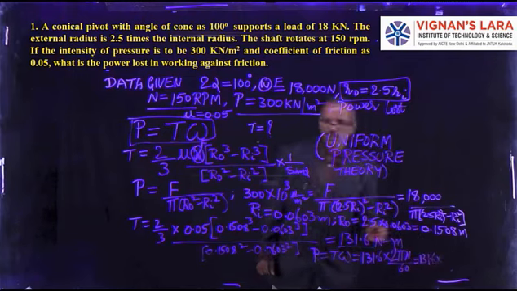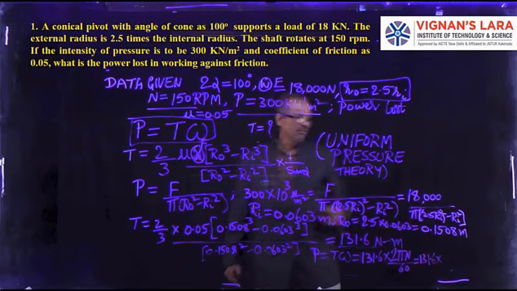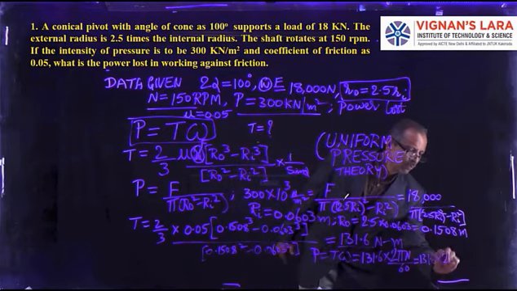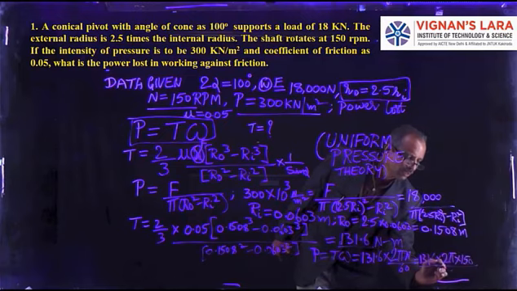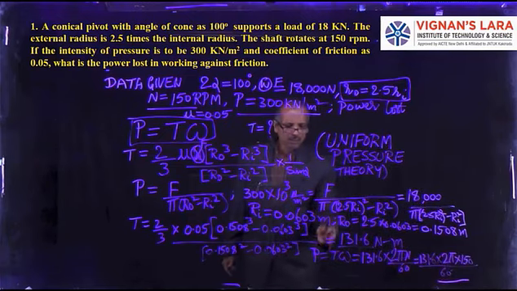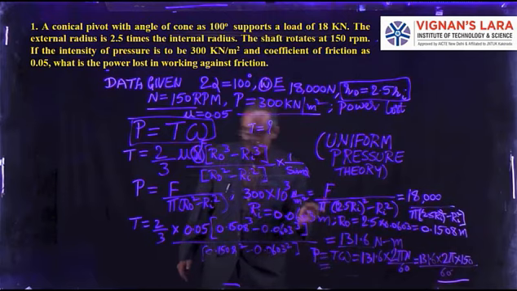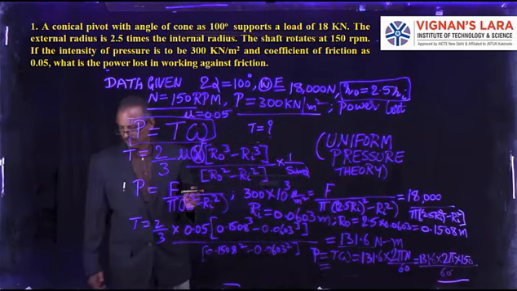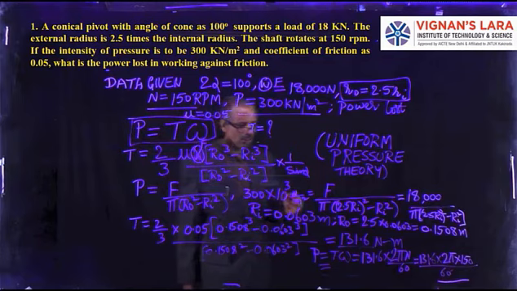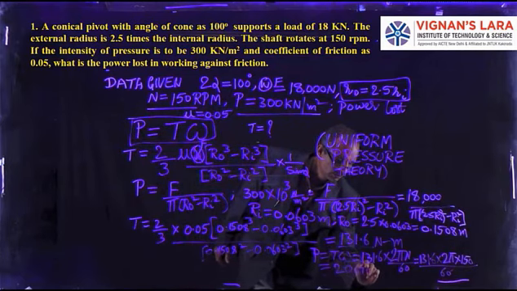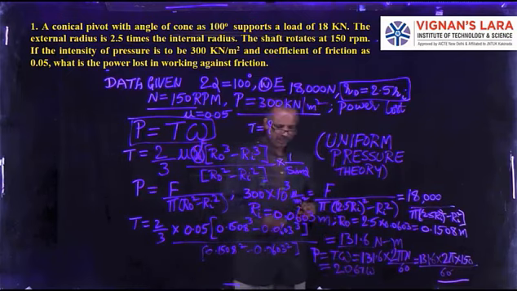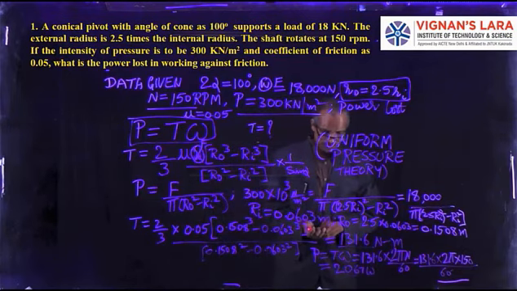What is the value of n? 150. So 131.6 into 2 pi 150 by 60. You get the power is equal to 2067 watts.